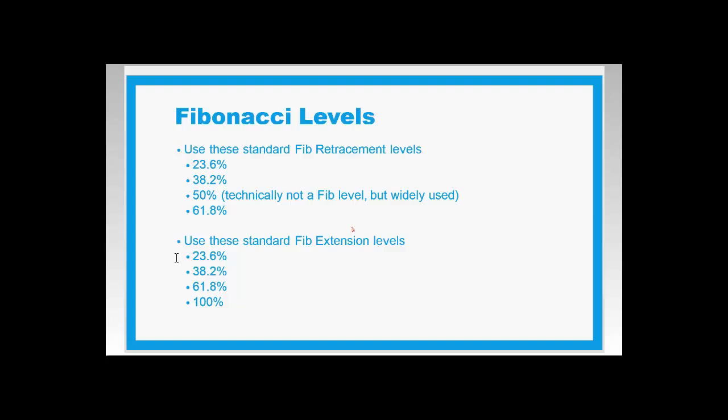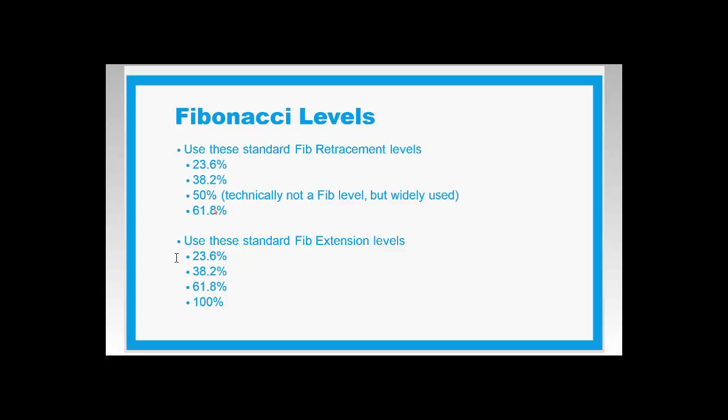What I've found most effective are the ones that are pretty much actually drawn from the calculations, the ratio of the number to the one before it, and that is 23.6%, 38.2%. I throw in for retracements, I throw in 50%, basically because I prefer a retracement or a pullback to not go below 50% of the original rally, so not below that original run up.